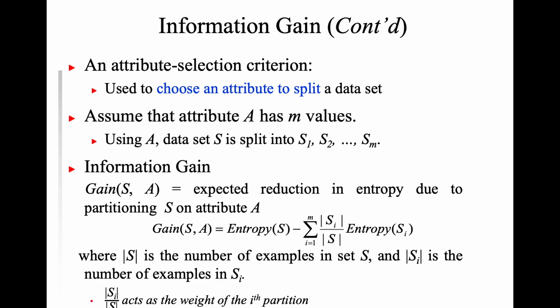Now, what would be the gain of S with respect to outlook? What should we calculate for this one? The entropy of the whole set first, minus the weighted sum of entropies of the subsets. And then we have this sigma here.